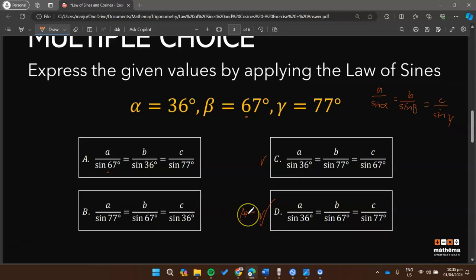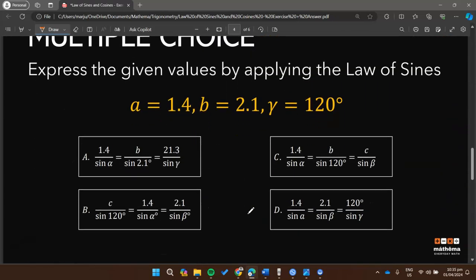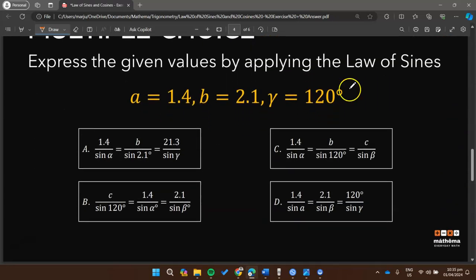Next item. We have this. So again, remember, A over sine alpha is equal to B over sine beta, and then C over sine gamma. In this example, the sides A, B, and then the gamma are defined.